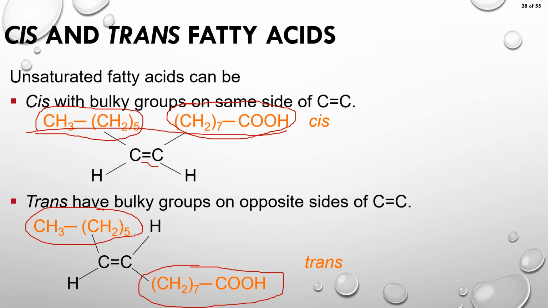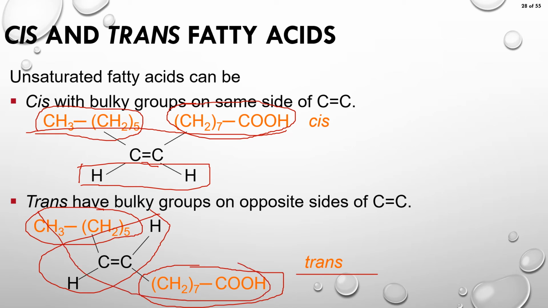So these bulky groups are on the opposite sides, so we call them trans. Now remember, for this hydrogen, they are on the same side of the plane, so this is cis. But if they are on the opposite side, just like in this bulky group, then they call that trans.